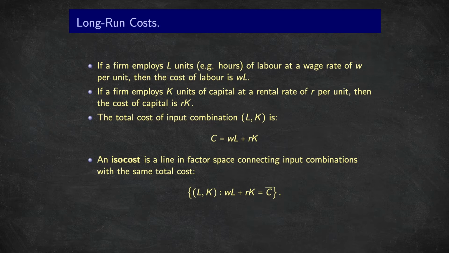Notice I say it's a line rather than a curve because we have a very simple linear equation to describe an isocost. So I could label one particular isocost as the set of all the different combinations of L and K with the property that their cost, WL plus RK, is equal to some constant. Here I've put C bar, overlined C.